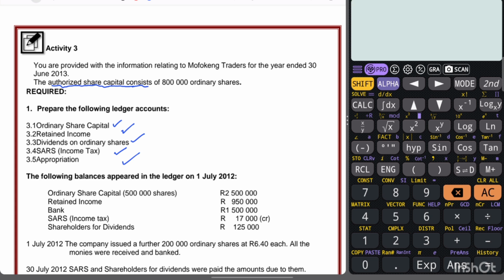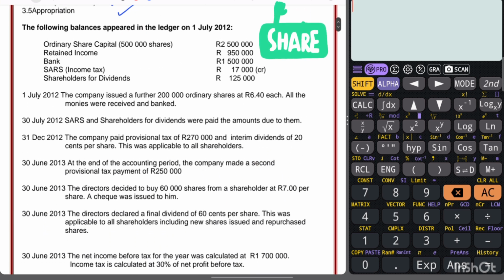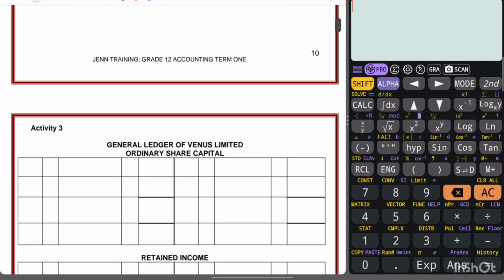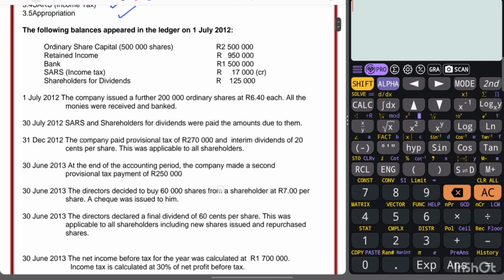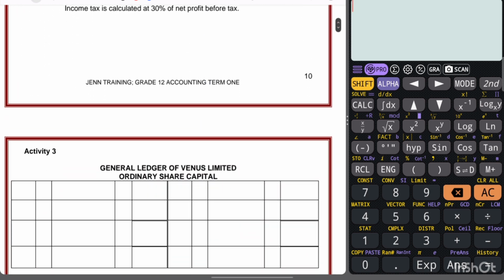Now let's start by preparing the ordinary share capital. Remember, always start by recording your balances. Ordinary share capital, we have a balance on 1 July 2012.